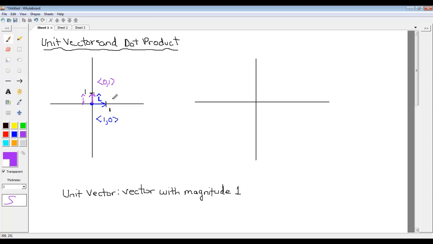Now those unit vectors can be used to help find another way to notate other vectors situated on this system. Let's say you have vector 4, 5. You know that means you can draw the vector so that the initial point's at the origin, and then the terminal point is at the ordered pair 4, 5.